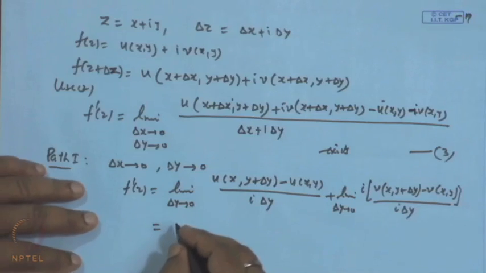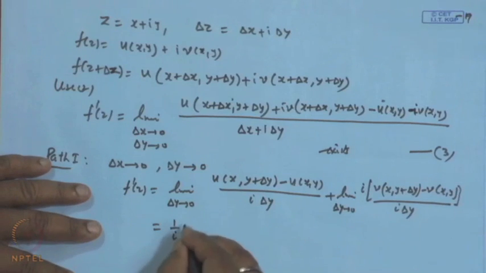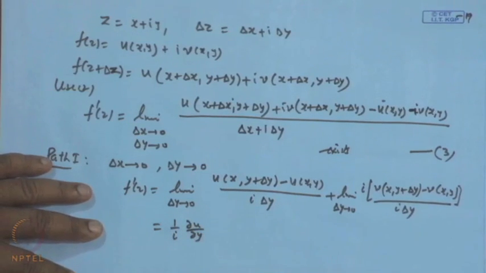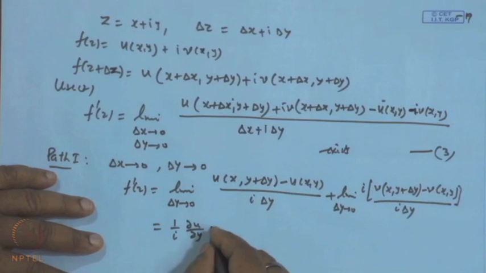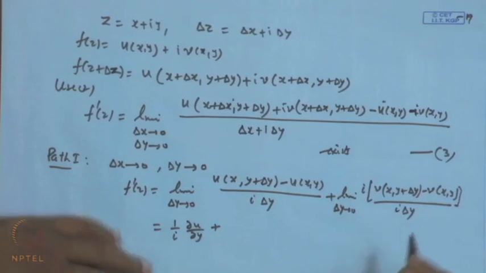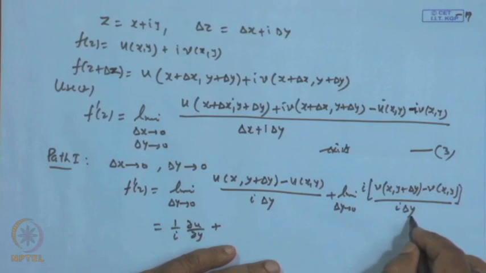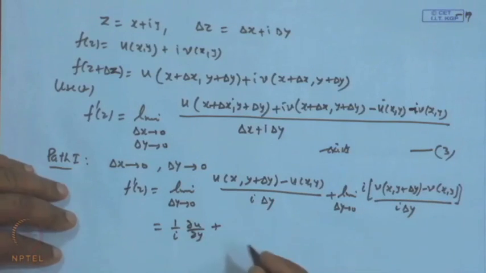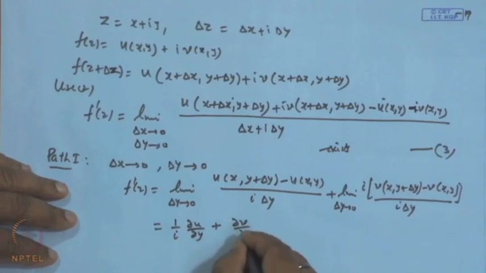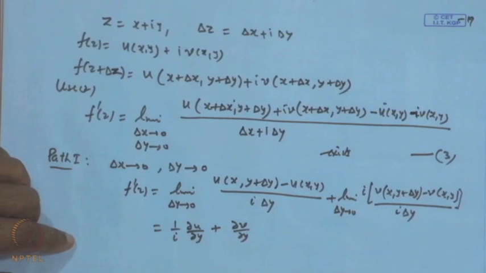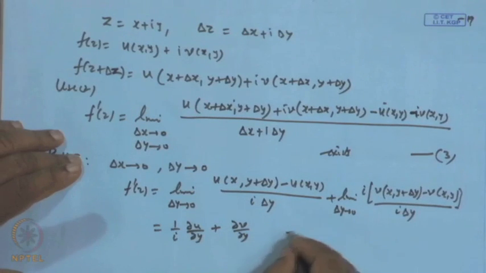So you are getting 1/i ∂u/∂y. Similarly, here the i gets cancelled, and there is a partial increment in v divided by Δy, so it will give the value ∂v/∂y. Now, this is say 4.